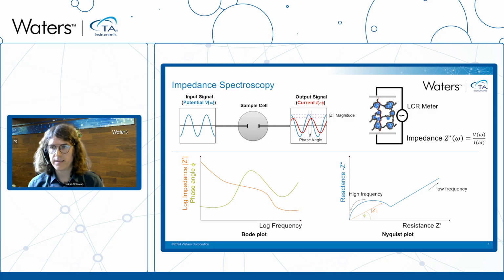So somehow we need to simulate this coating process to get an idea of what's happening in the sample during processing, also on the electrical side. So that's why we want to combine these two methods together.